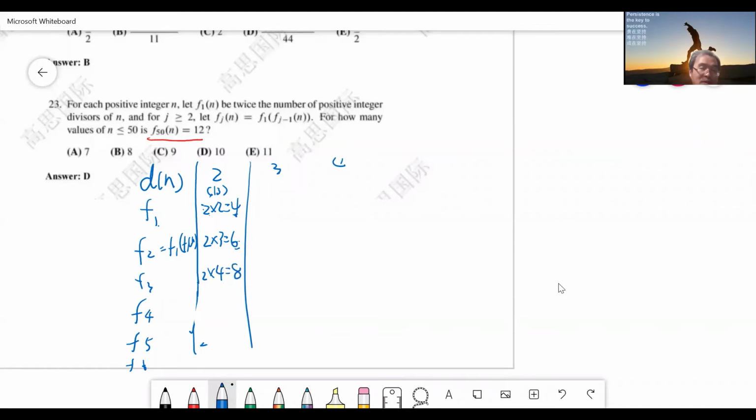It has 4 factors, 2 times 4 equals 8. No matter how you continue, f50 is going to be 8.